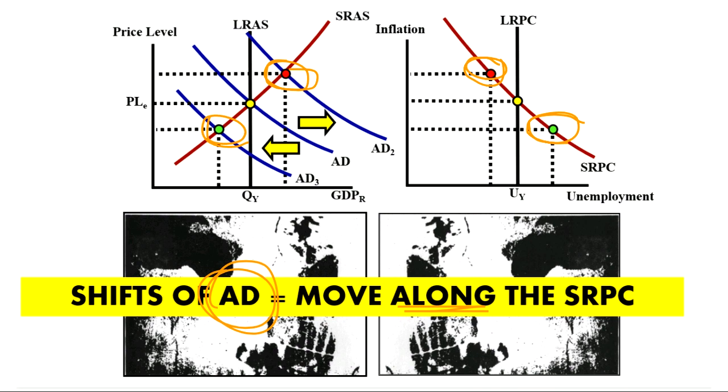However, that only works if there's a place for you to go. If I've shifted my aggregate demand to my red dot, there's already a space on my Phillips curve that will be where the red dot goes.